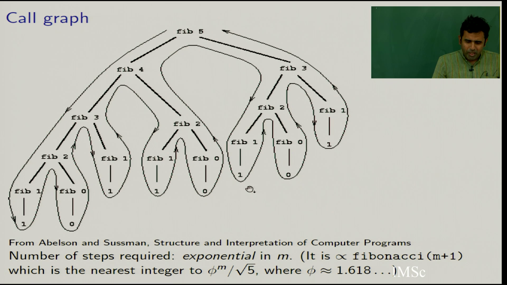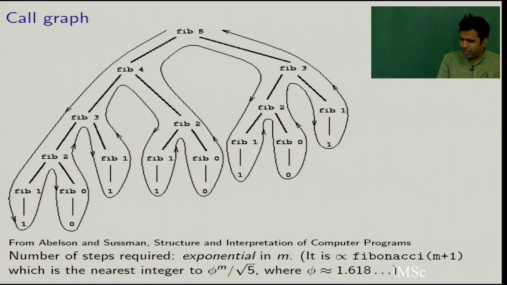So the number of steps you need is proportional to the number of leaves, and you also have all these intermediate steps to do. The mth Fibonacci number you can show is the nearest integer to phi to the power m divided by square root of 5, where phi is called the golden ratio. So it is roughly 1.6 to the power m times some constant. So this is very bad news. It means that if you run it for even modest values of m, this function is not going to end in reasonable time.